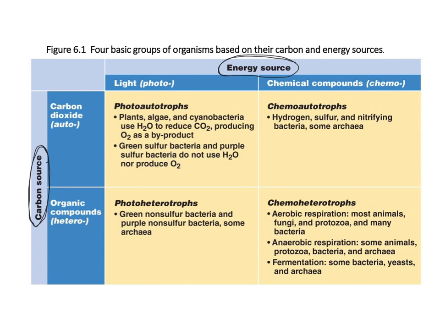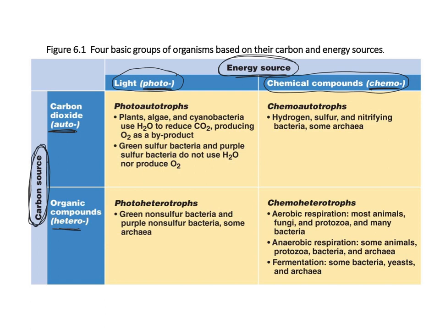So the photo and the chemo prefixes, those refer to how organisms acquire their energy source, whether they get it from light, otherwise the sun, or whether they get it by the breaking of bonds in chemical compounds, meaning they are somehow eating or absorbing some kind of organic compound. And then the prefix over here on the left, auto and hetero, those refer to where an organism acquires its carbon source.